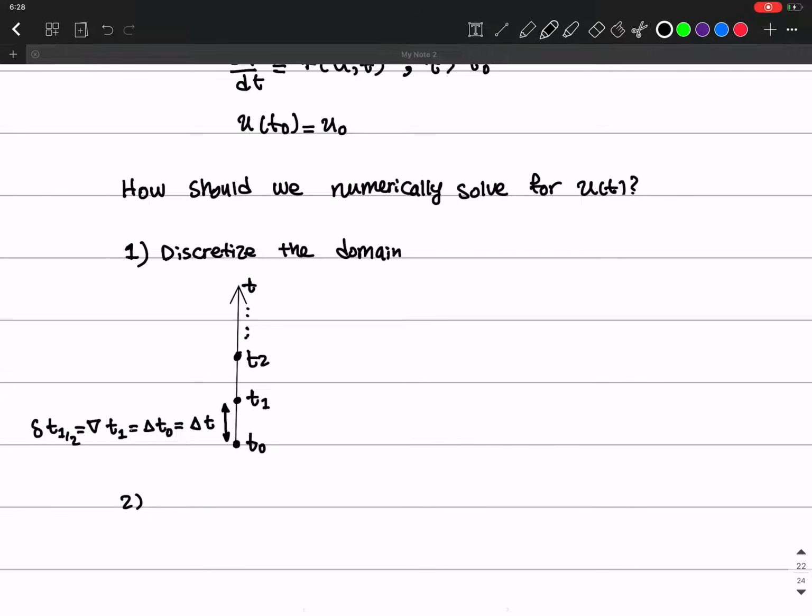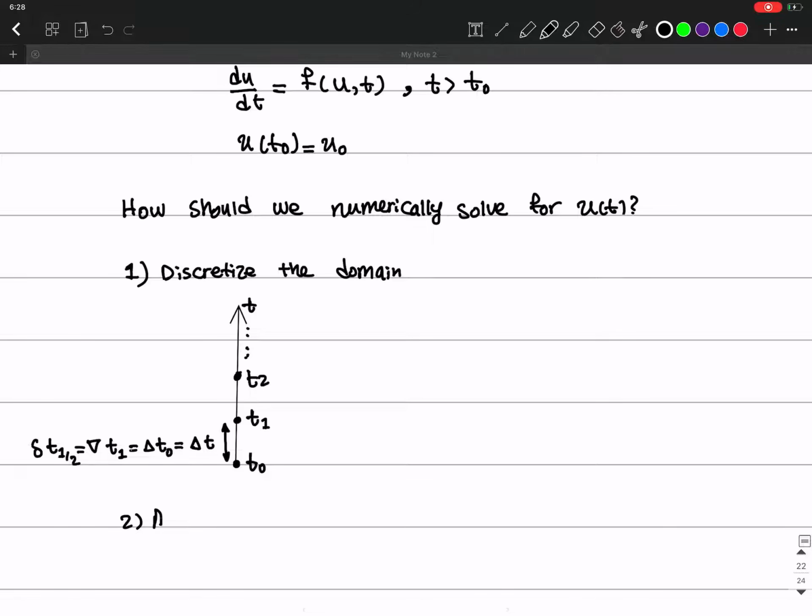And then the next step is to approximate du/dt and f(u,t) using nodal values. Nodal means at nodes of u.